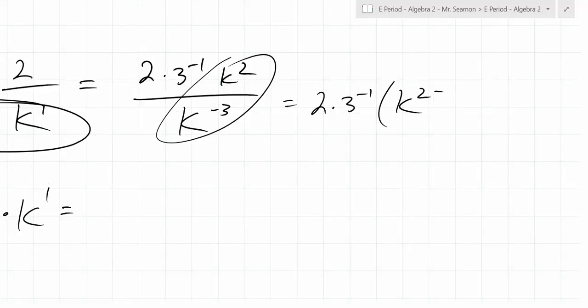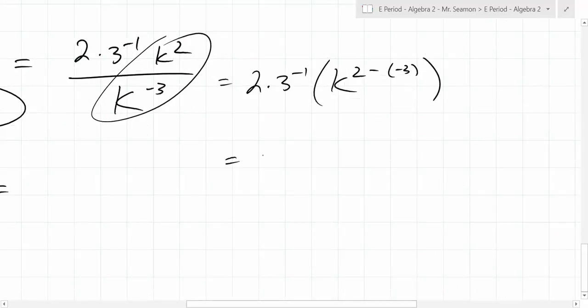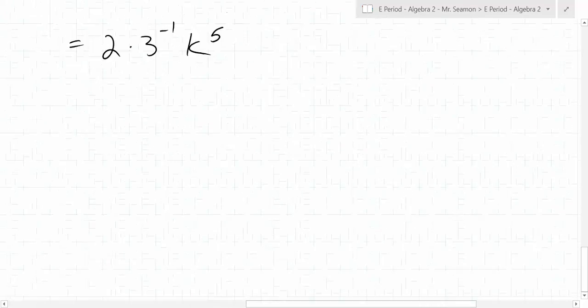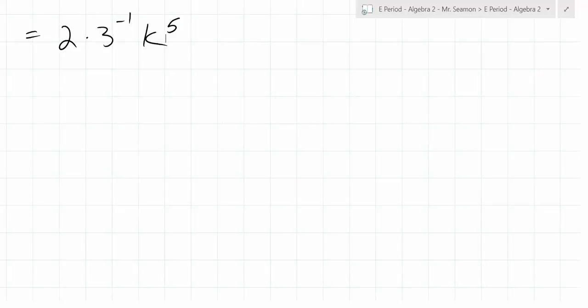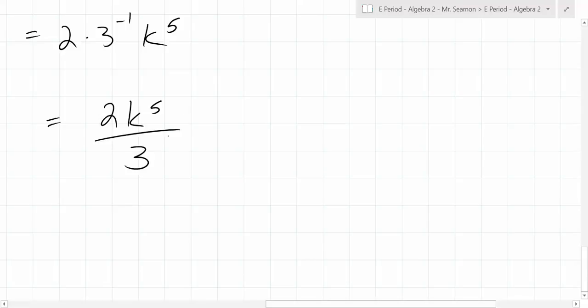Nope, not minus 3. Minus negative 3. So what does this become? 2 times 3 to the negative 1 times k to the what power? 5th. We're almost done. What's left? Yes, so this is going to be 2k to the 5th over 3.